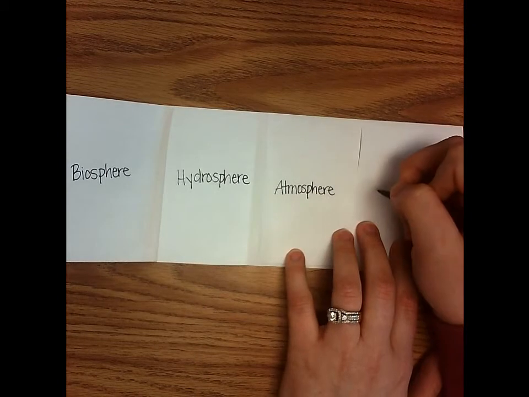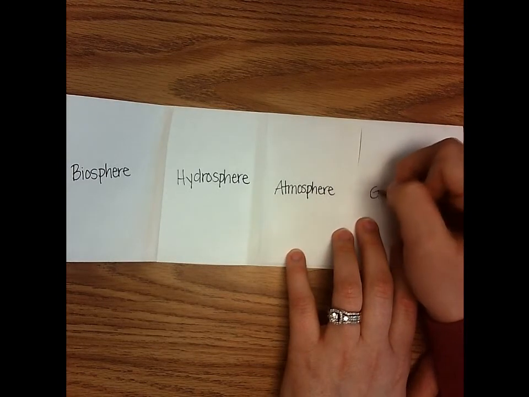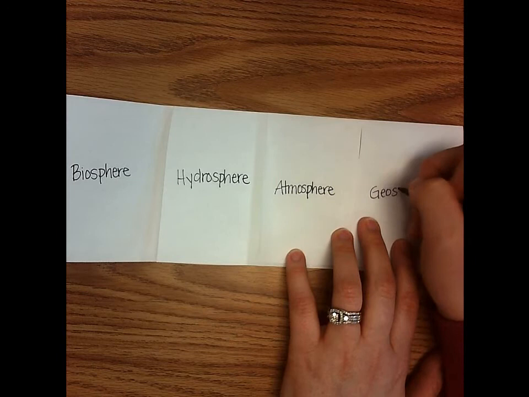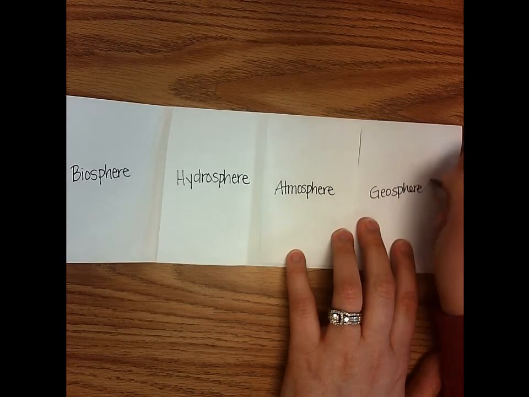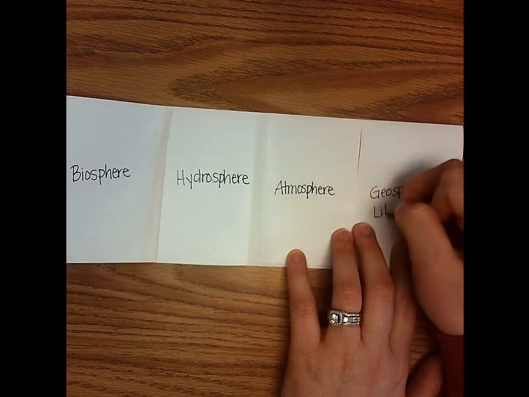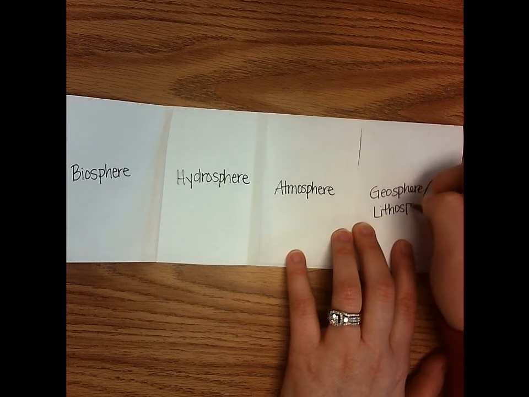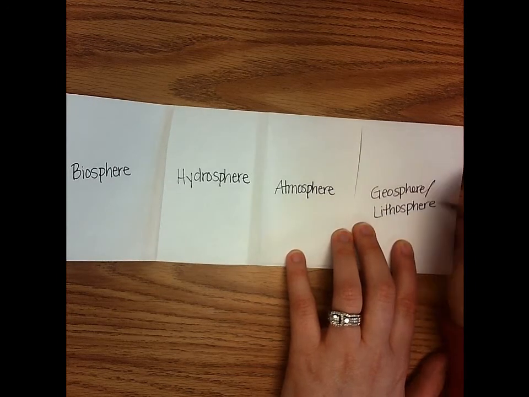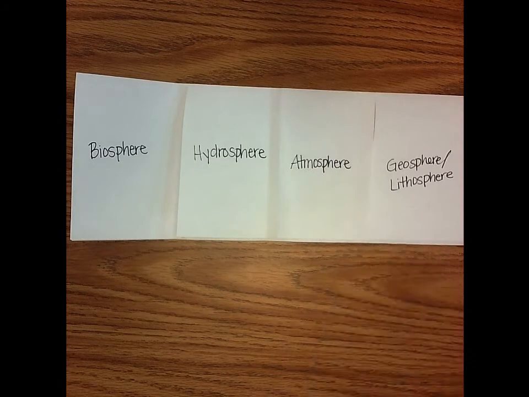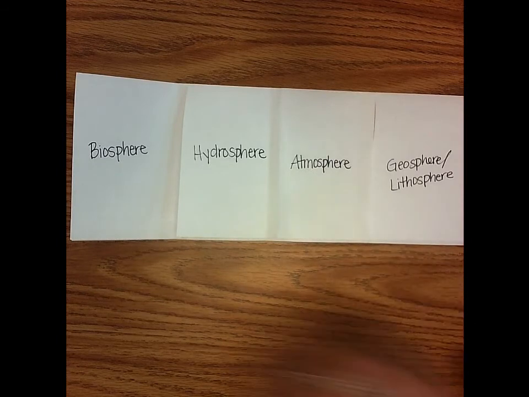And you have the, in the book it calls it the geosphere, but in some of the videos it calls it the lithosphere, which is one of the layers of the earth. So, you can put both if you want, okay?